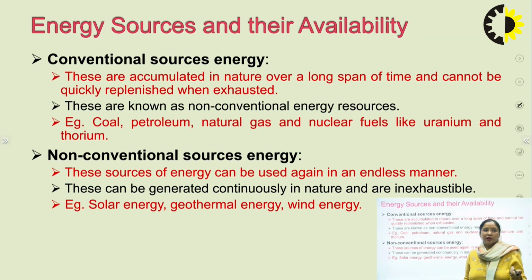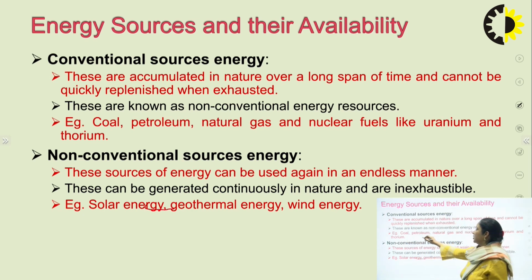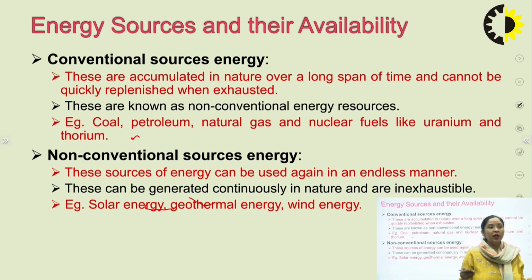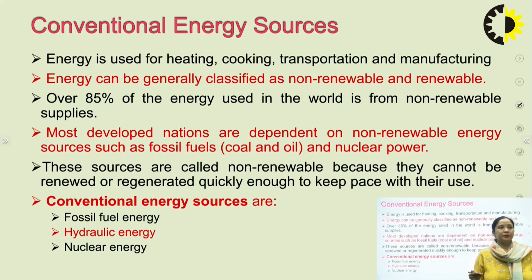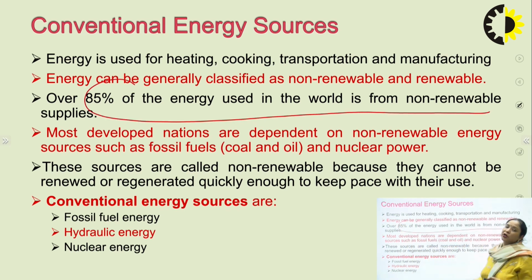Energy resources and their availability: there are conventional sources of energy as well as non-conventional. As I told you, in conventional we are using coal, petroleum, natural gas, but in non-conventional, we are using solar energy, geothermal energy and wind energy. Conventional sources of energy: overall 85% of energy used in the world is non-renewable supply.